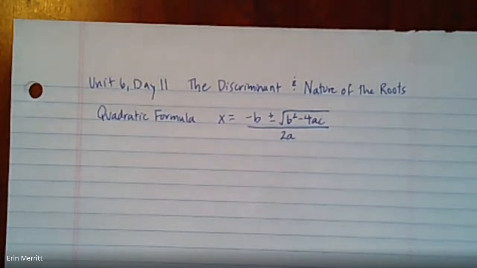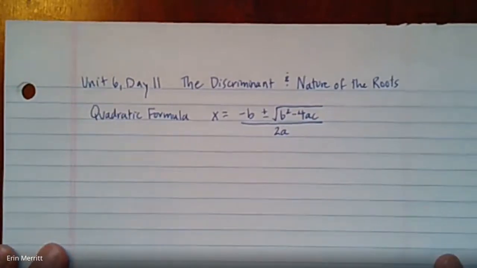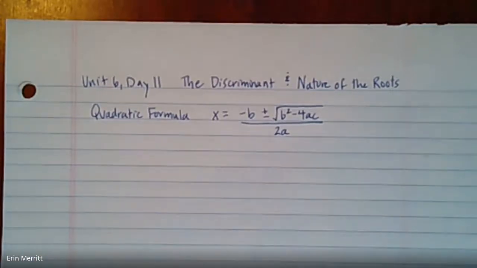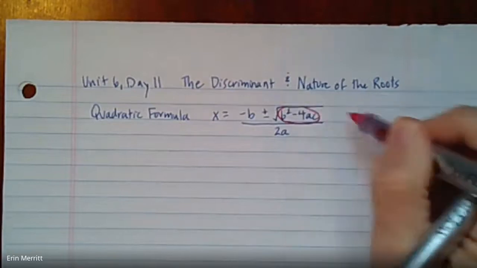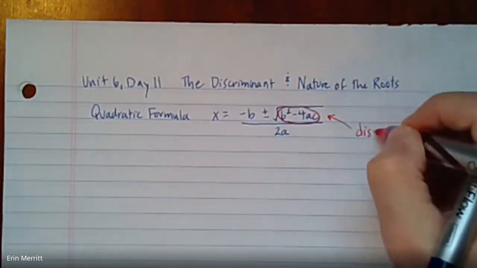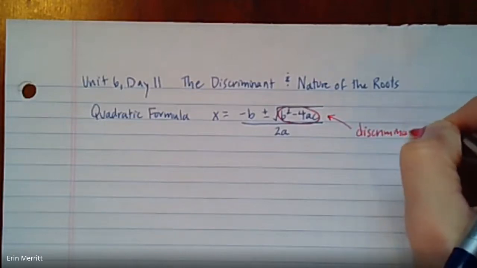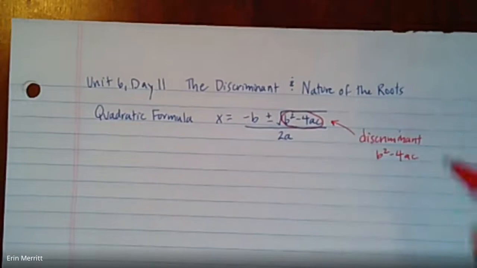So the part that's underneath the radical, that is referred to as the discriminant. I'm going to grab a little red pen right here. That part is called the discriminant, specifically the b squared minus 4ac part.